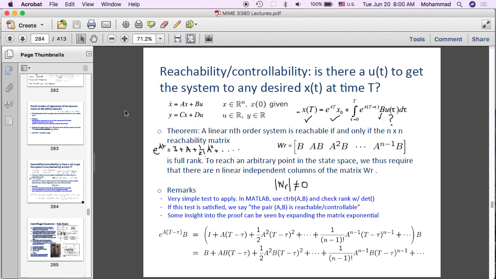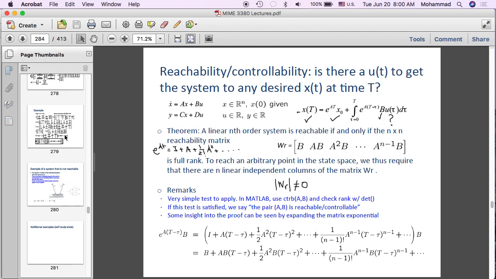And as you may recall, the reason we decided to do that was the limitations we faced with the output only feedback. When we only feed back the output, we have to live with a certain set of locations of closed loop poles, which is described in the root locus of the system.